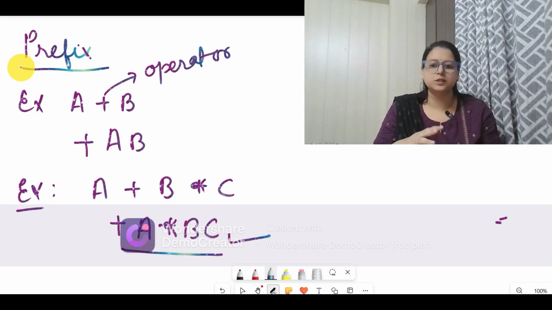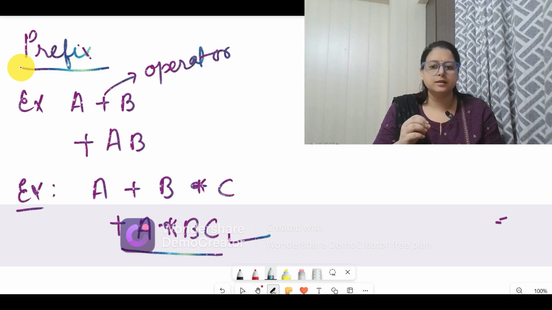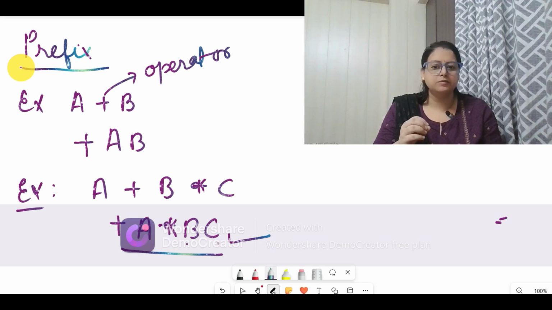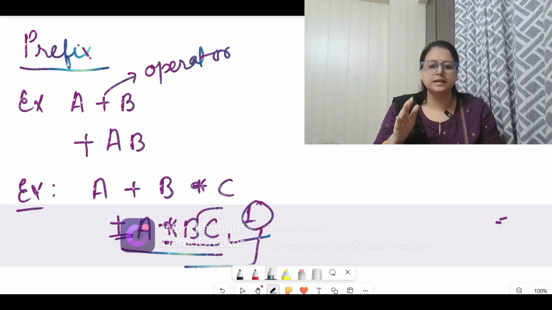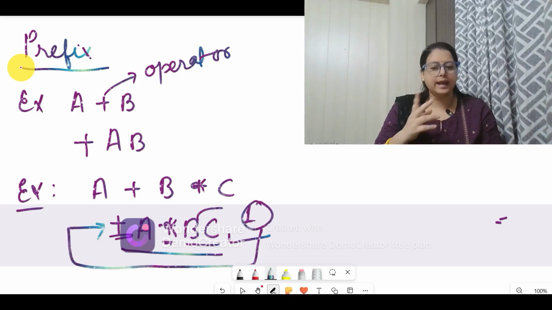After watching this expression, the system will understand that first B and C will be multiplied because these two things are together, and then the plus operator is in the front. First this task will be done, and with the result, A will be added. This is how things become easy for the computer.